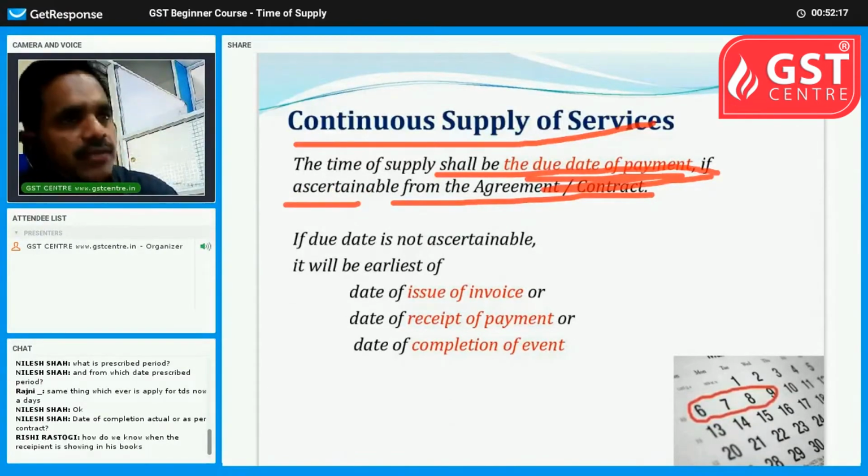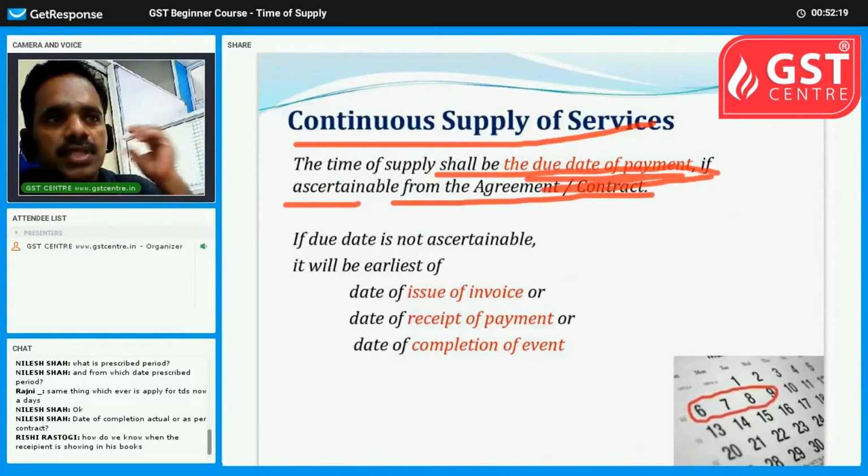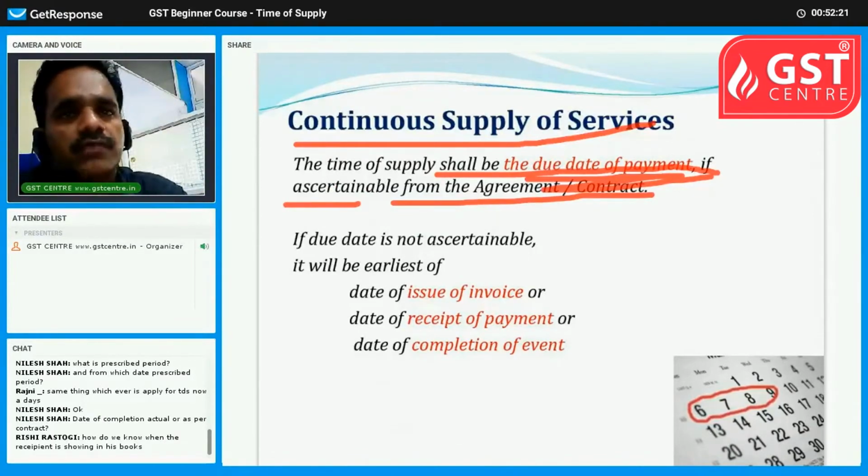Suppose a 6 months contract is given for providing services, say a website or software service, and the software developer says that after 2 months you have to pay 30% of the contract value. In that case, the time of supply will be taken as that date.